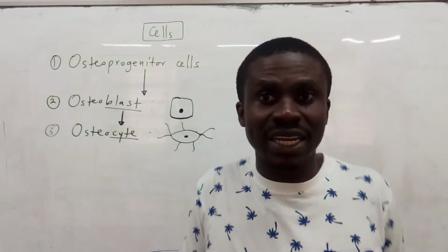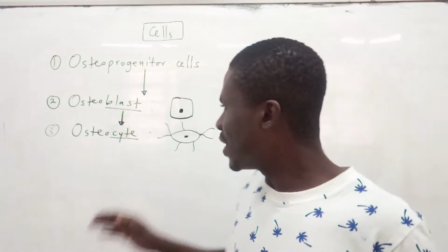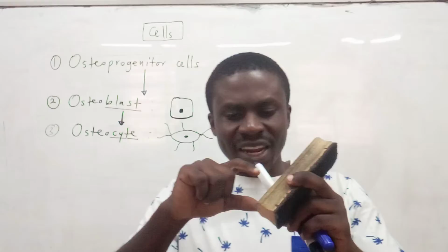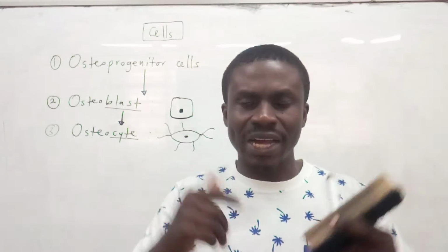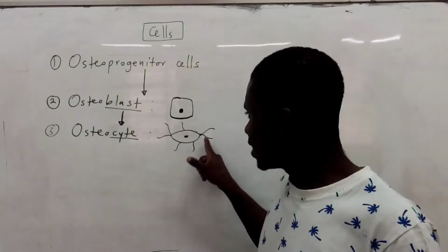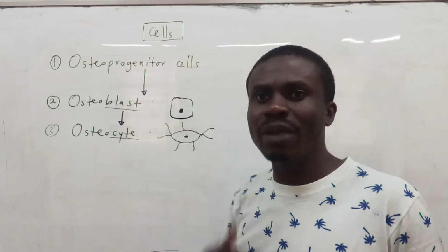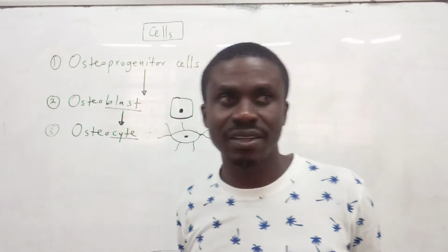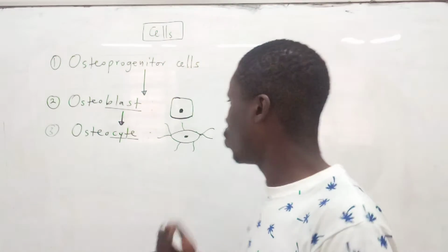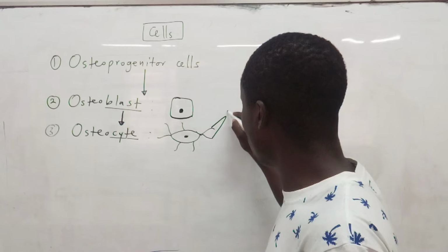And it doesn't end there. We see that it also presents with these processes. In anatomy, anything that is coming out of the main structure, the name we give for it is process. So all these extensions that you see over here, we call them cytoplasmic processes, which otherwise you can call filopodia.